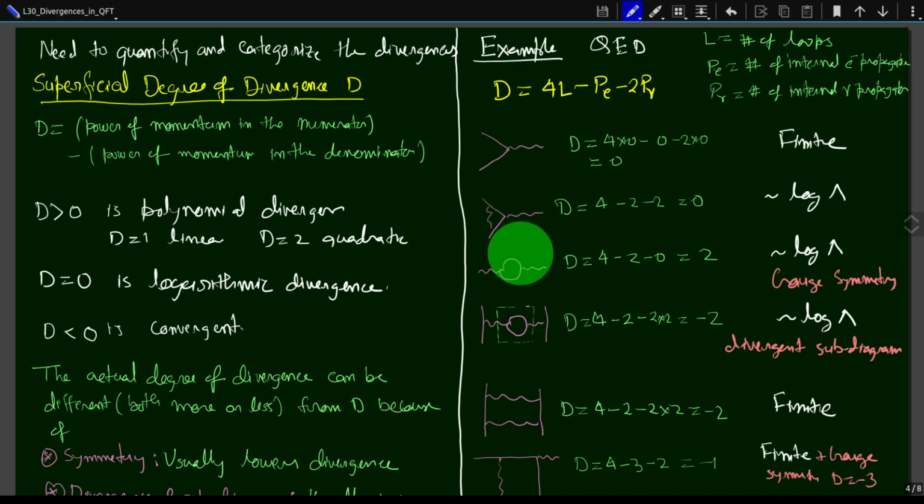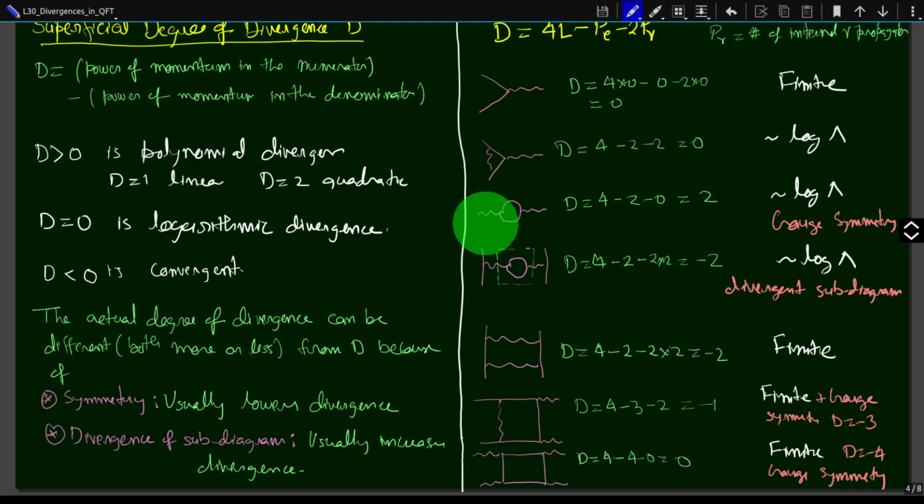The number of loops is 1, so that gives me 4, the number of fermion propagators inside that loop is 2, so that gives me minus 2, and the number of photons is 1, and for one photon I need 2 factors, so minus 2. That again gives a degree of divergence of 0, same as here. But here, because there was one loop, it is logarithmically divergent, and it remains logarithmically divergent even with all the symmetries of QED.